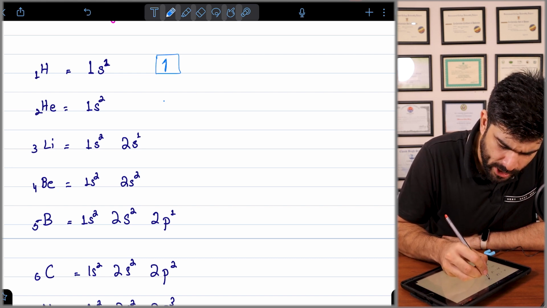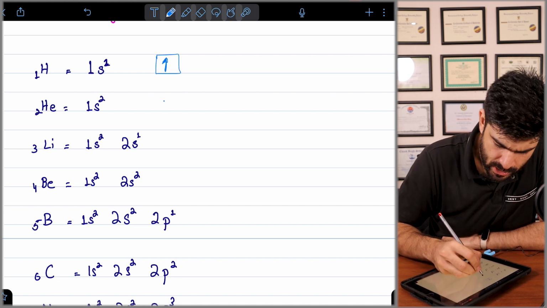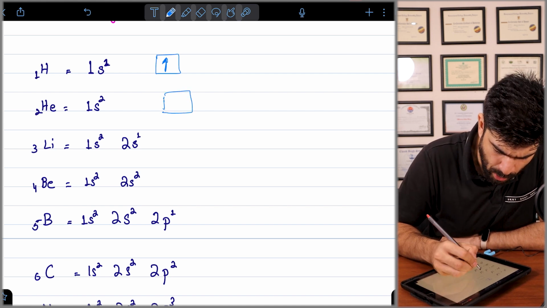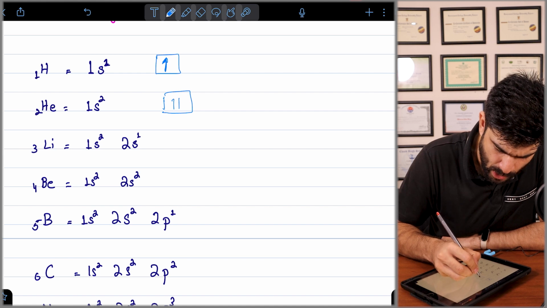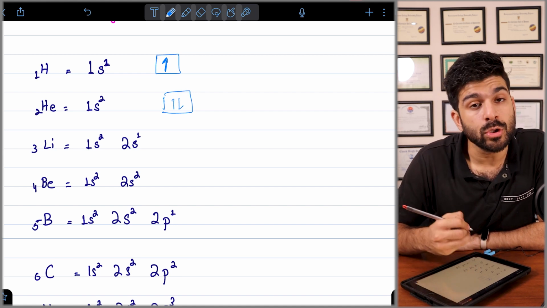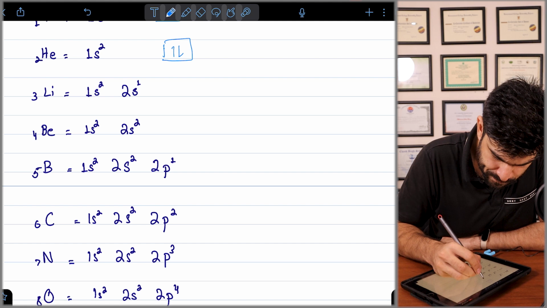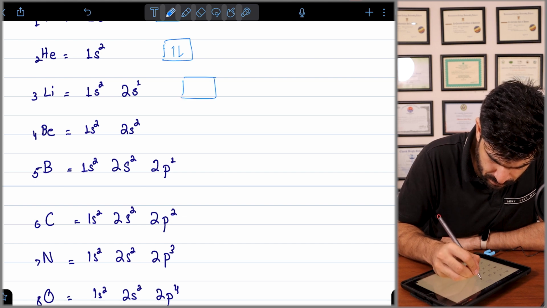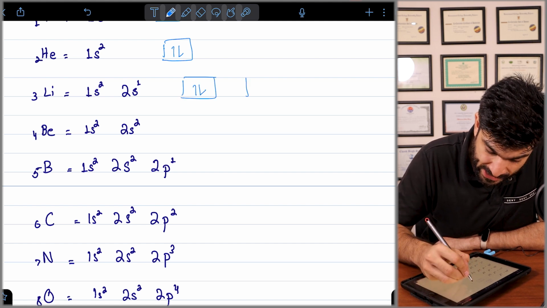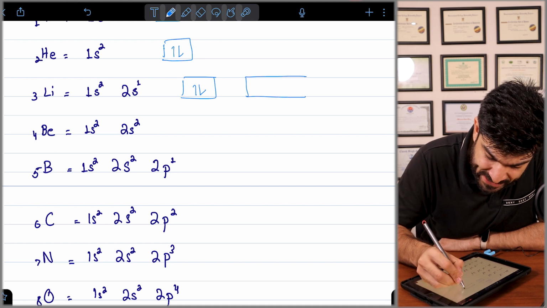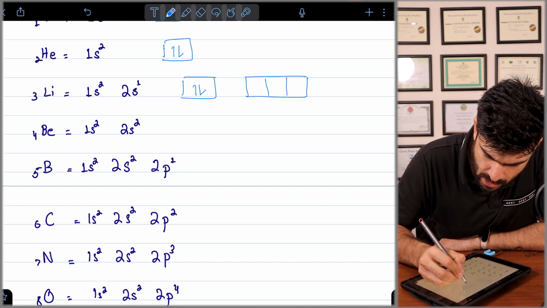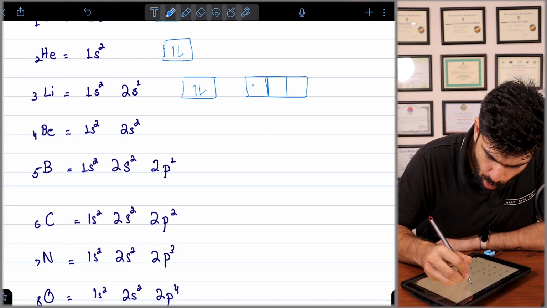So that is the electronic configuration of hydrogen. Helium, one block. One goes this way, one goes this way. That's also right. Lithium. Then you'll have to make all 3p together. One electron.